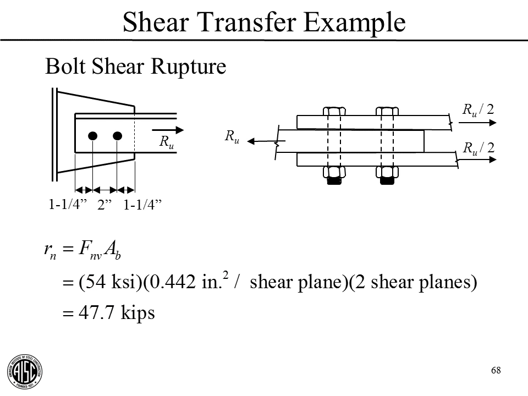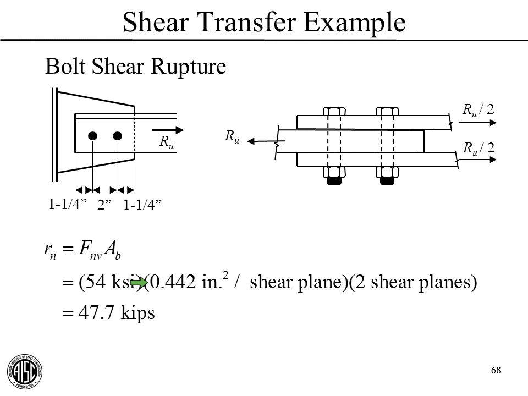Okay, so let's start off by calculating the bolt shear rupture strength, and this is going to be the same at each bolt. It's going to be F sub nv times A sub b. So for a grade A325 bolt, the F sub nv is 54 ksi. The area of a 3/4 inch bolt is just pi times 3/4 inch squared over 4, which is 0.4418 inches squared.